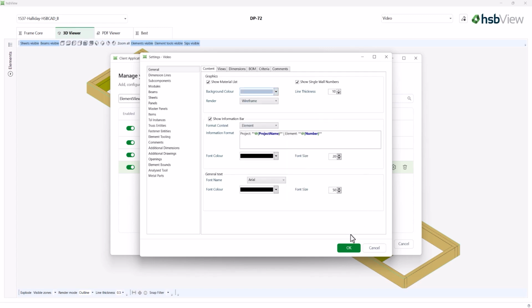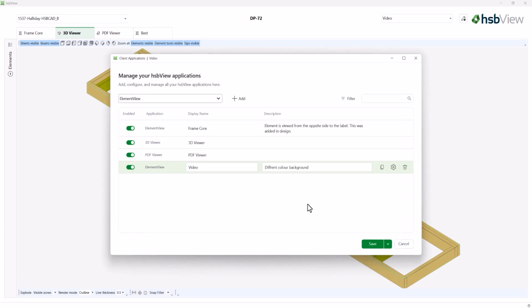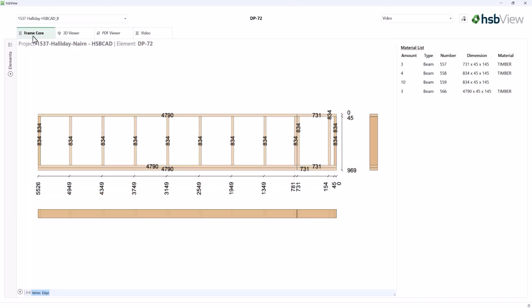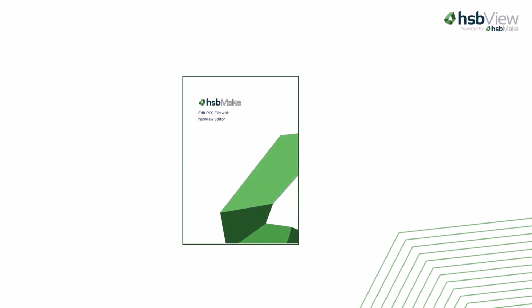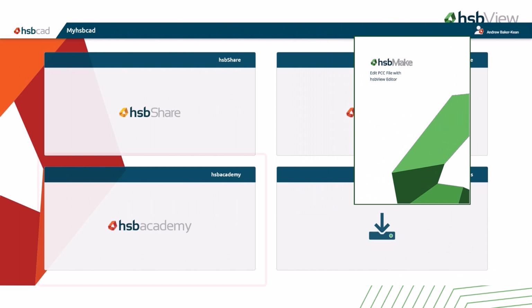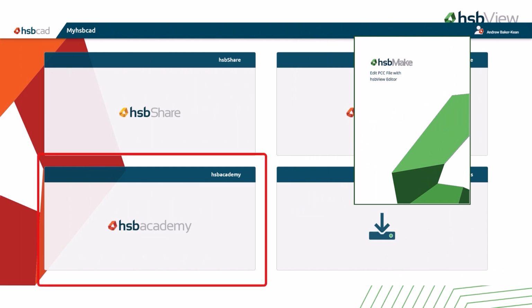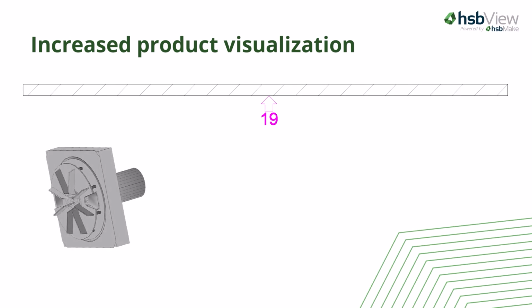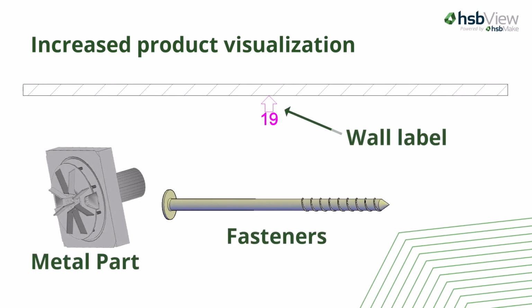When I click OK and then click Save, you can see the background has actually changed to this pale blue colour, whereas the original tab that I copied still shows the white background. All of these settings have been detailed in the documentation done by my colleagues, which can be found on the Academy.